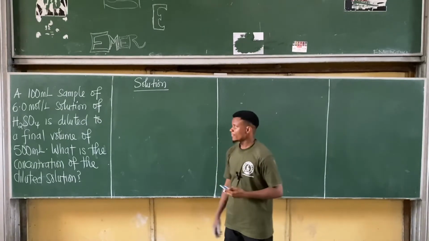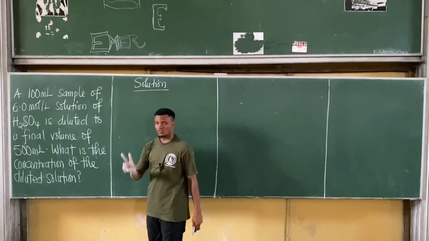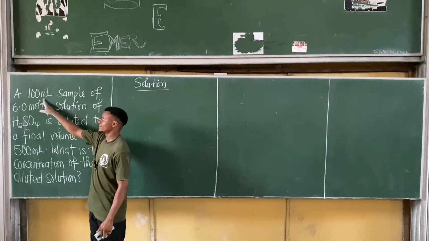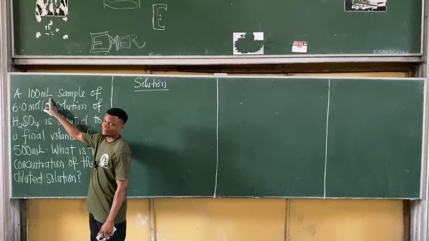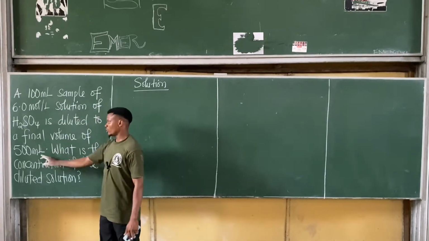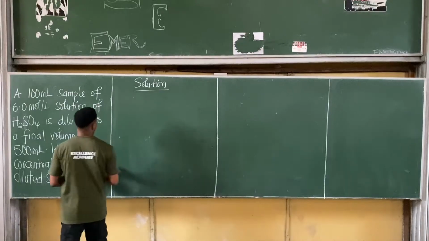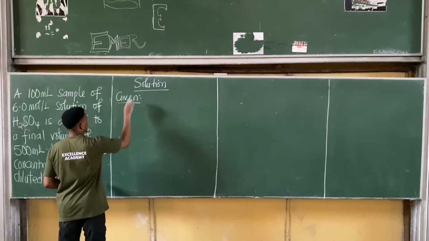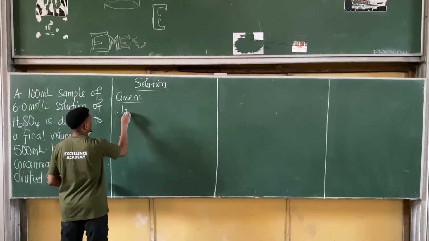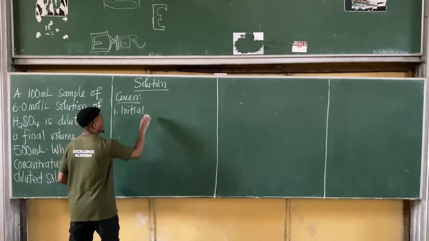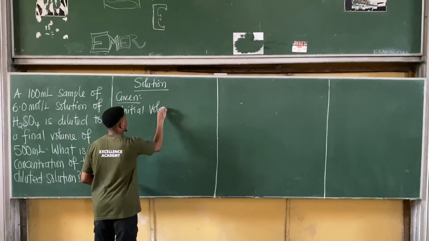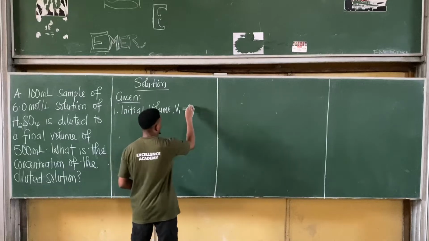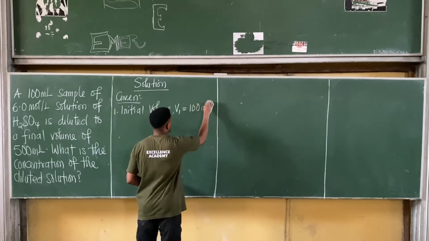All right, let's get this done. How do we solve this? Now, if you observe here, we have two volumes. We have the initial volume as 100 milliliter, and we also have the final volume of 500 milliliter. If I'm to list out my given parameters, given number one, I have the initial volume, we could call this V1, as being equal to 100 milliliter.